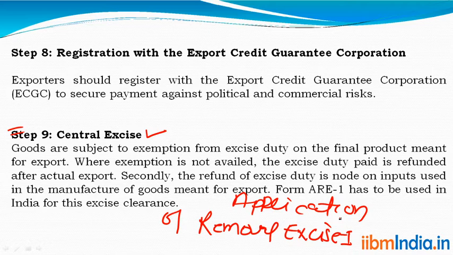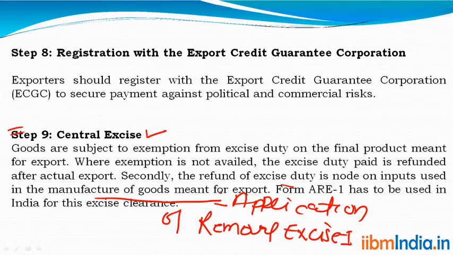If you haven't availed the exemption from central excise duty, the duty paid is refunded after the actual export. Once your export is done, you can still get the refund of those central excise duties. Secondly, the refund of excise duty is not on the input used in the manufacture of the goods meant for export. You have to submit the application for removal of excise, Form 1, which has to be used in India for excise clearance.